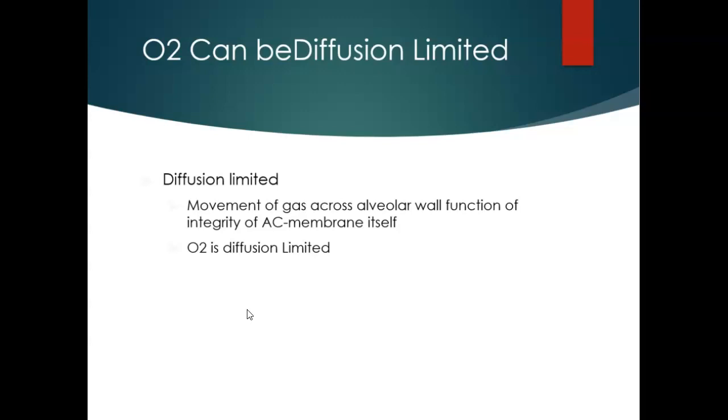Diseases like emphysema, pulmonary fibrosis, pneumonia, and pulmonary edema, all of those diseases that we covered in figure 4-12, are diffusion limiting problems.